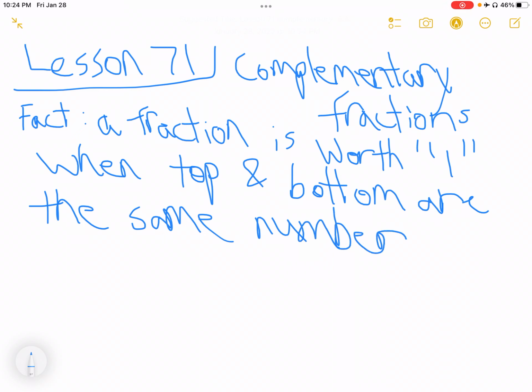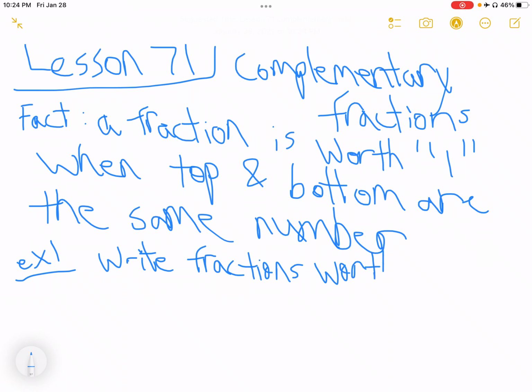That's not too surprising. So then if I said in example 1, write fractions worth 1 using, and then I said the first one, using 5.